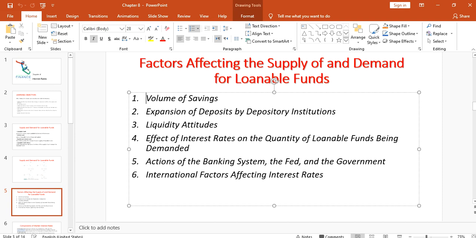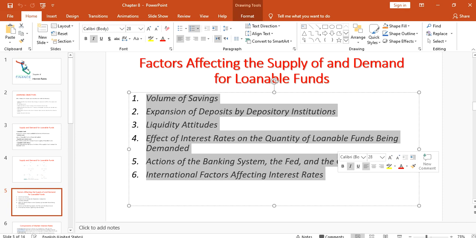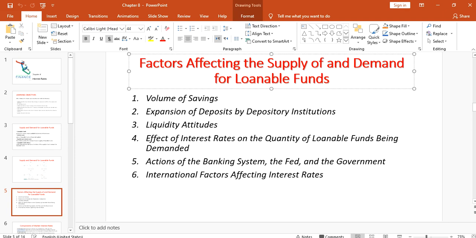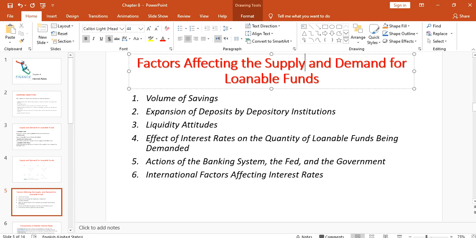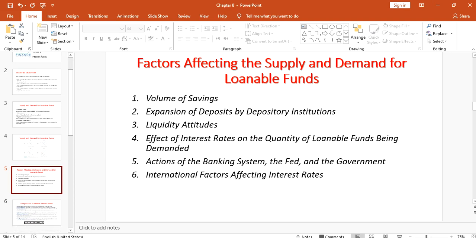So these are 6 factors affecting the supply and demand for loanable funds. Sorry for this small grammatical mistake.